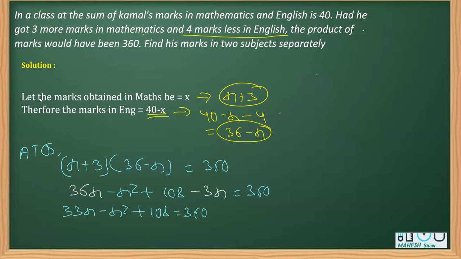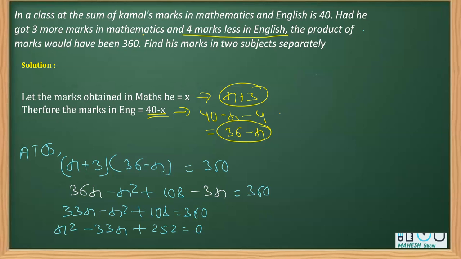Now, next what we are going to do is to write them in the standard form. So in the standard form, if I transpose everything to the right, it will be x squared minus 33x. And then on the right hand side, I'm transposing every number, so it will be 360 minus 108. So it's going to give you positive 252 on the right hand side, equal to 0.